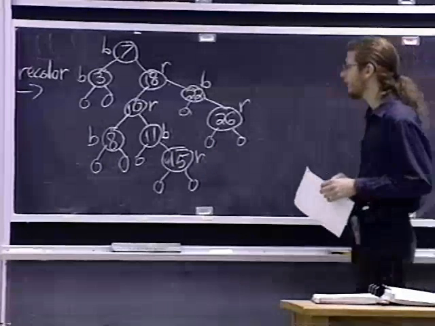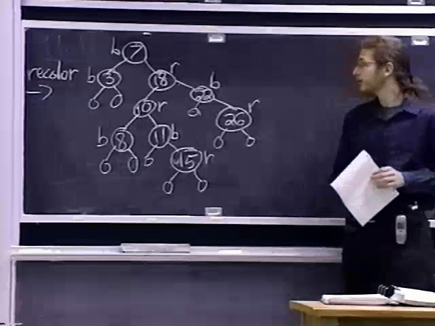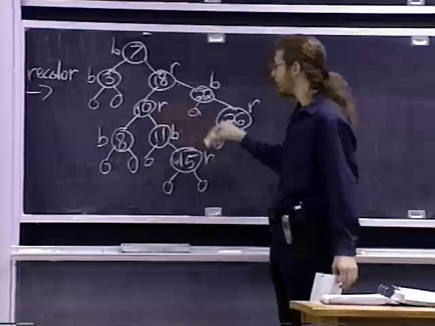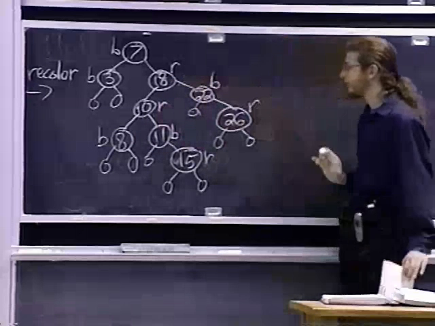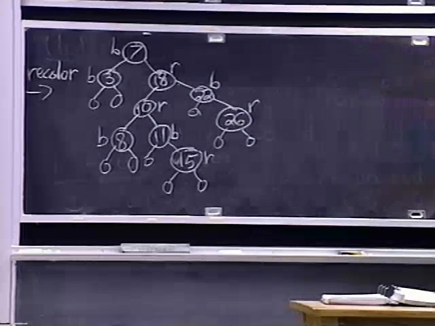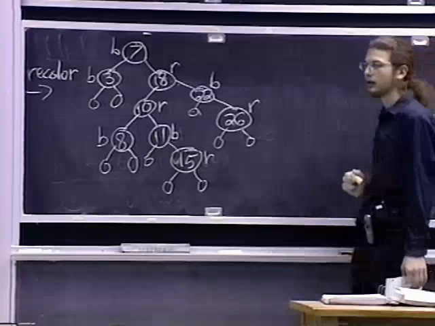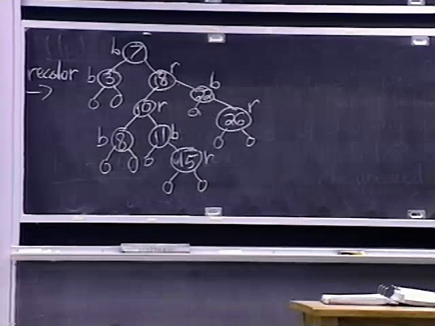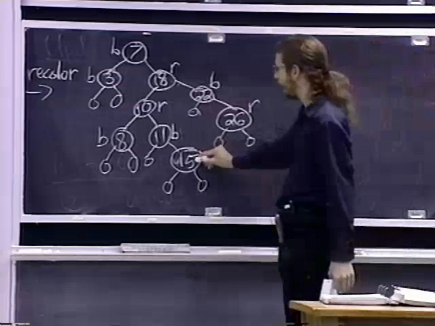And you can check the black height from every node is well defined. In other words, from every node, you go down all the different paths to a leaf, the number of black nodes you visit is the same. So are we done? We fixed this edge. The parent of 15 is now black.